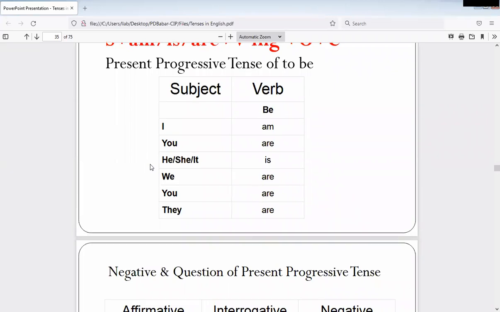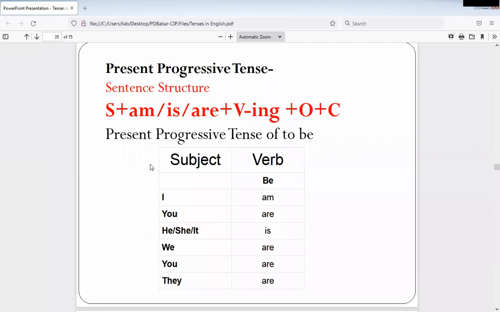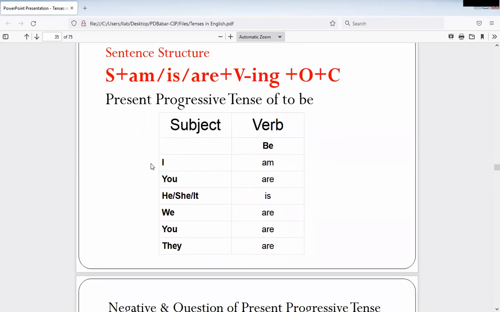Okay, so write this sentence structure in your notebook and also write down the chart in your notebook. The to be form of verb that we are using after I, you, he, she, it, you and they. Okay.